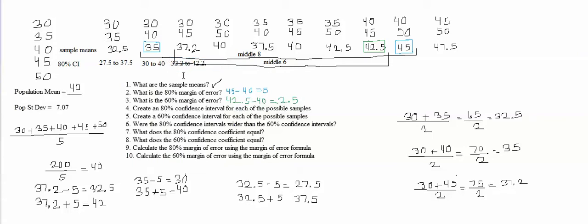And then the answer to this one would be 35 to 45, because 40 minus 5 is 35, and 40 plus 5 is 45.